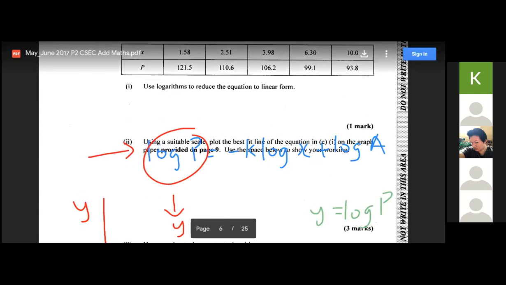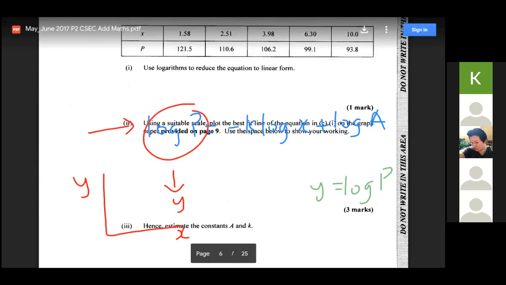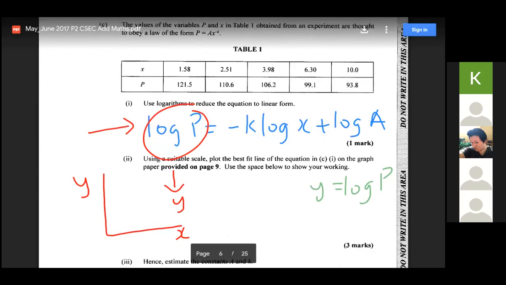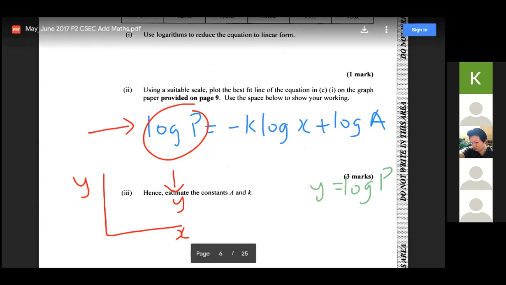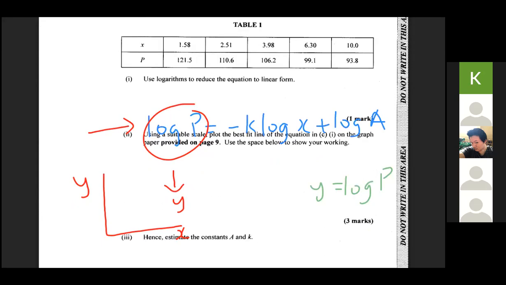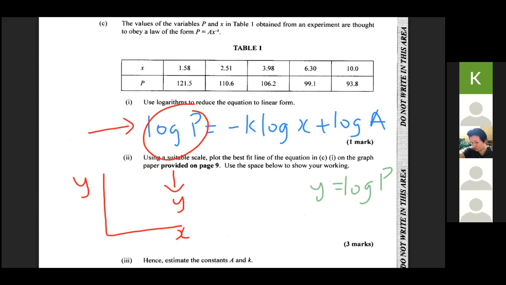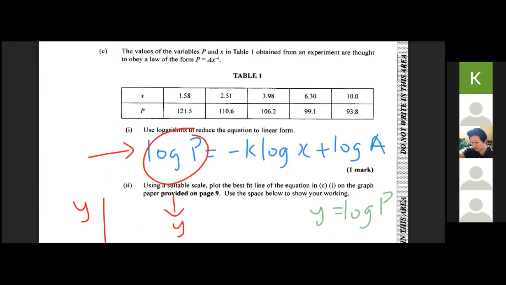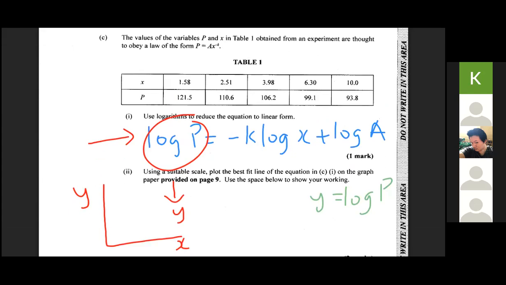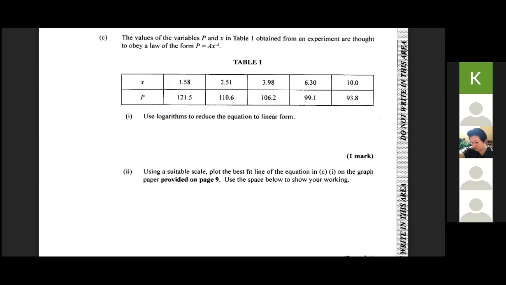If you can't answer, then you probably don't understand. Is it just minus K log? Minus A. Anybody agrees with that?